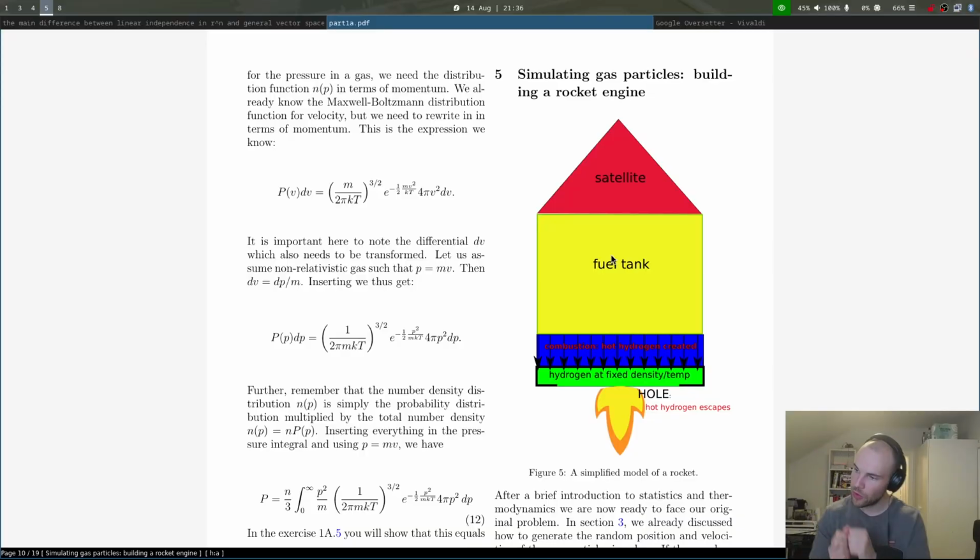Bigger momentum will throw particles one way and the rocket will go the other way, right? That's the whole idea. Perfect.